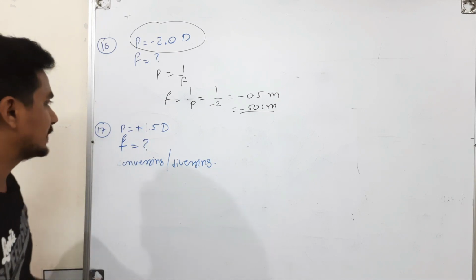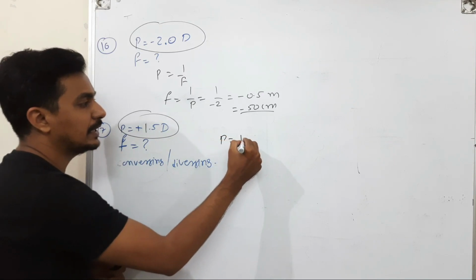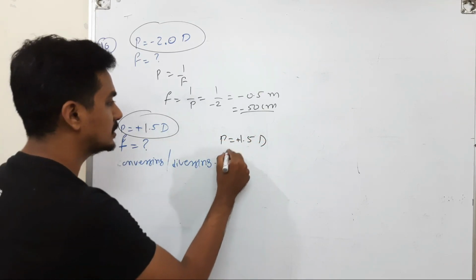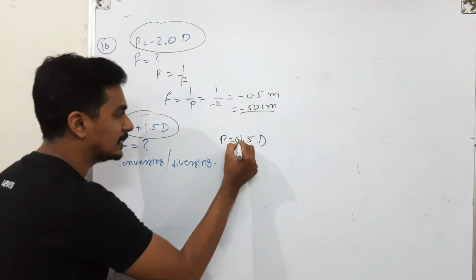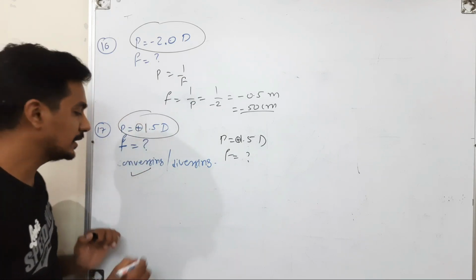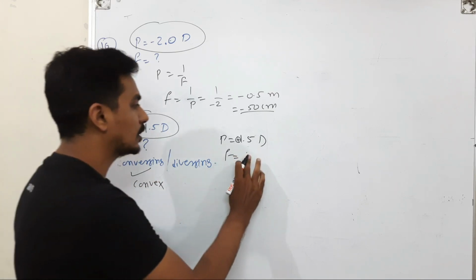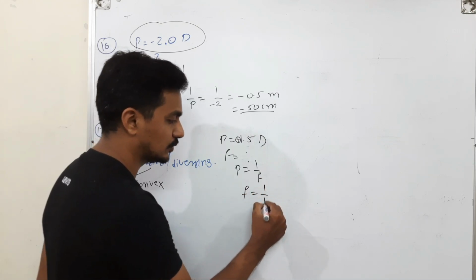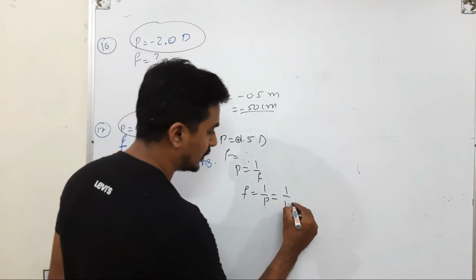Now in question number 17, the doctor has prescribed the lens having power P equal to 1.5D. So in that case, what is the focal length and what type of lens is it? See, whenever the power is positive, the lens is always a converging lens, that is, a convex lens. And what is the focal length? P is equal to 1 by f, so f is equal to 1 by P. P is given as 1.5.